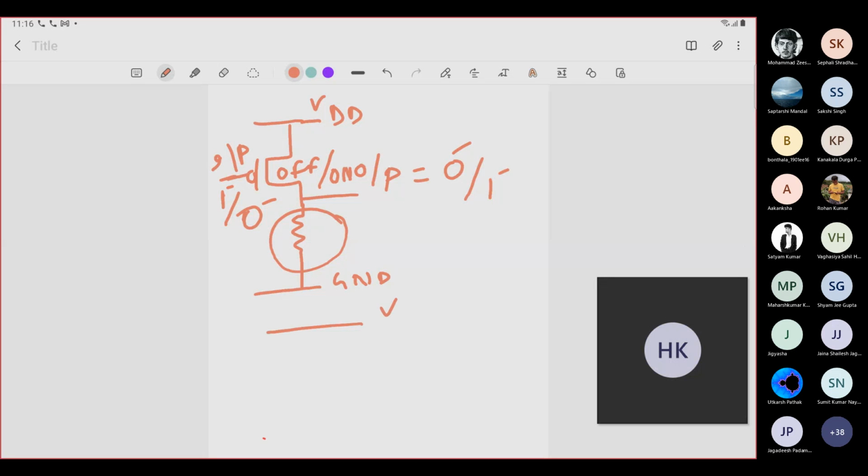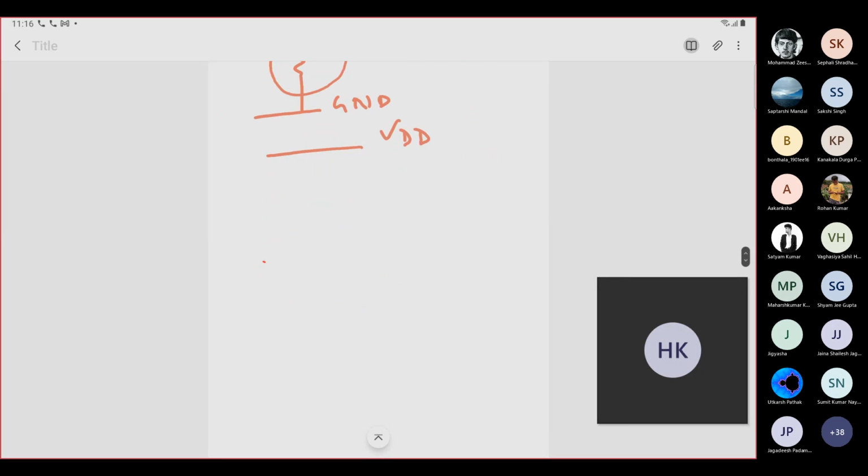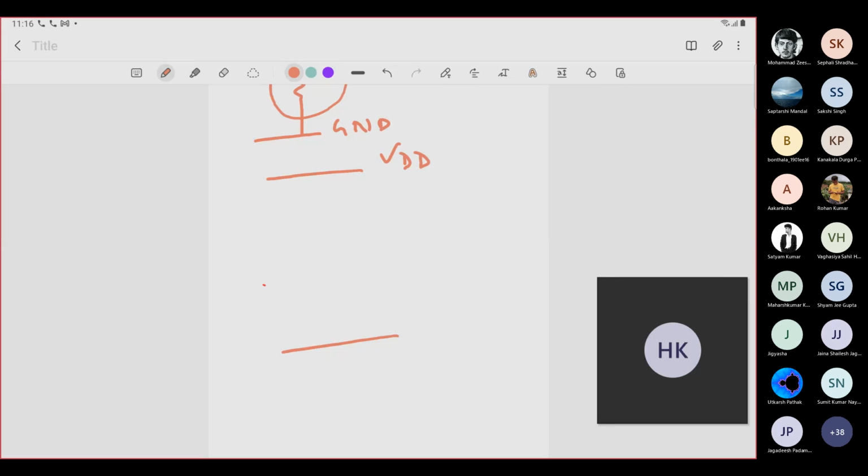You have a VDD and a ground, and similarly a PMOS, and here the PMOS gate and source will be shorted and connected to the ground. This is your input, and this is your output.